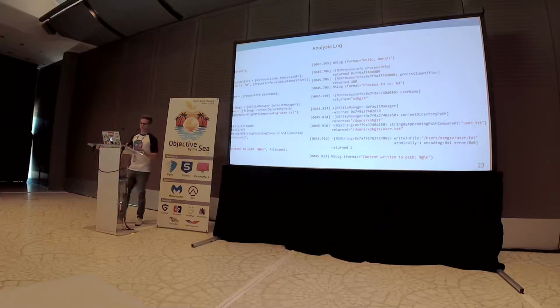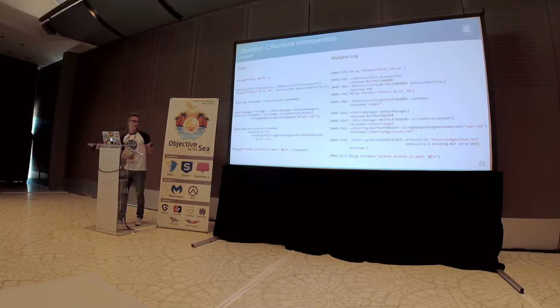If you have really short strings, like this username, which is just 6 characters long, instead of constructing a whole new object for the string, it will put the value directly in the pointer. So we also need to be able to handle these specific things. But overall you see that it basically resembles the code one to one. The only thing that's missing are the format string arguments, but you could easily add this if you pass a format string.